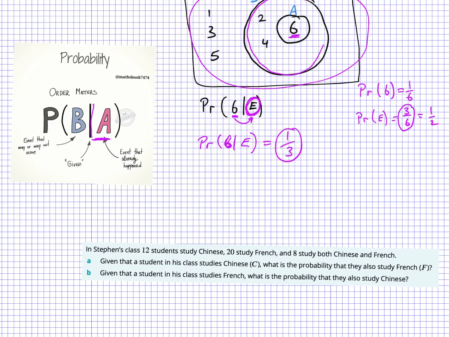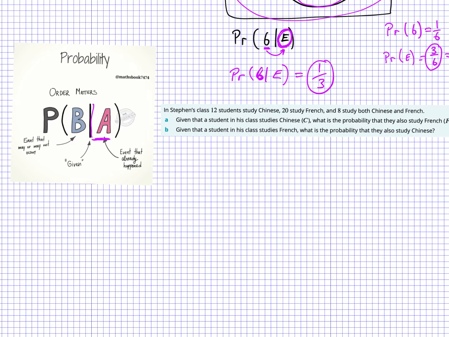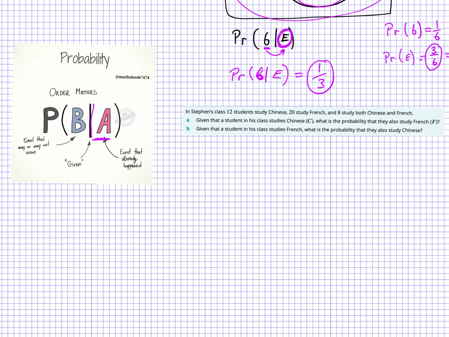We have this one here. I'll move that up. In Stephen's class, 12 students study Chinese, 20 study French, and 8 study both. All right, so we'll draw a Venn diagram. I will name them as French or Chinese.